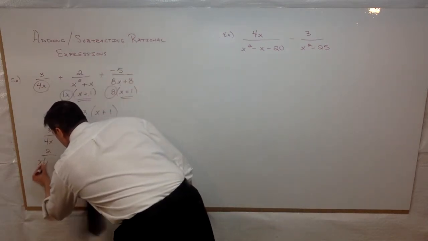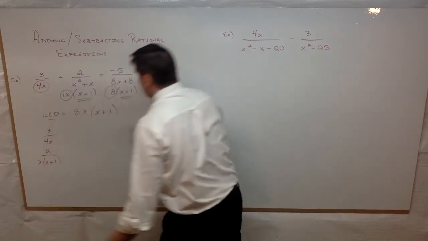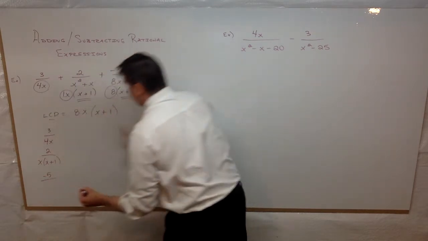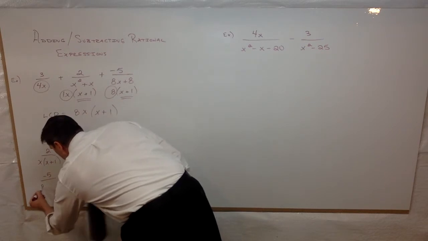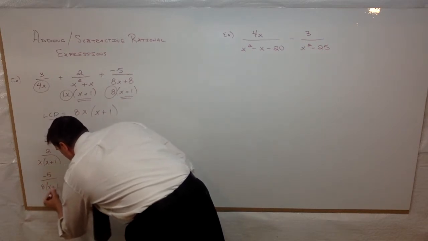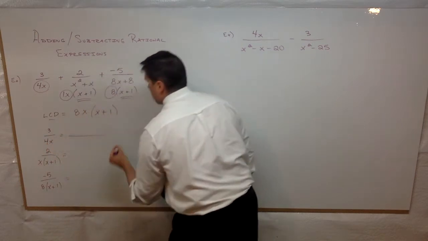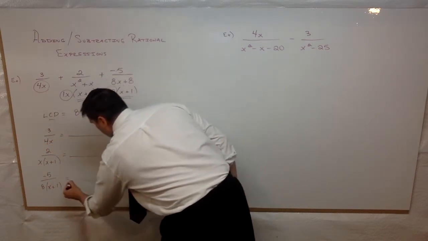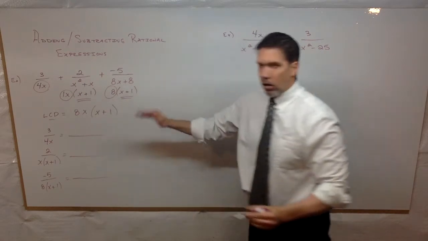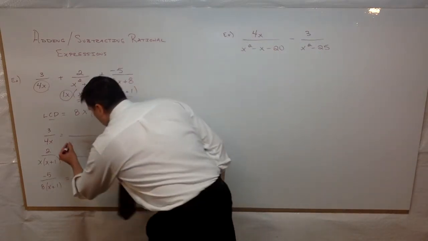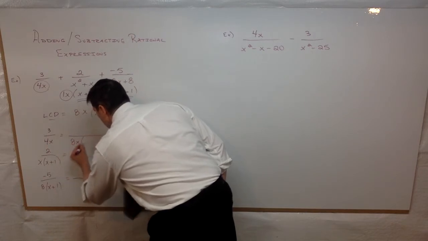So x times x plus 1. And then same thing here, don't forget it's negative 5 over its factored form, which is 8 times the quantity x plus 1. And then next to each of these, we're going to write their equivalent fractions that are all going to have this common denominator of 8x times the quantity x plus 1.